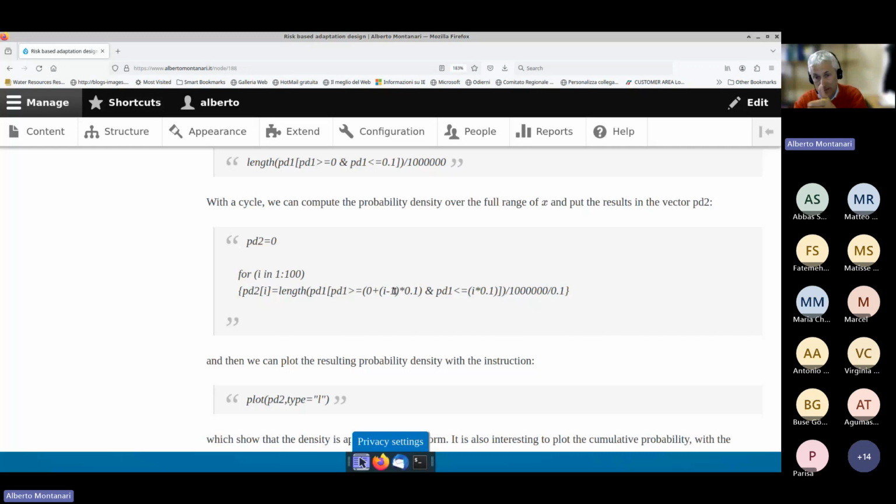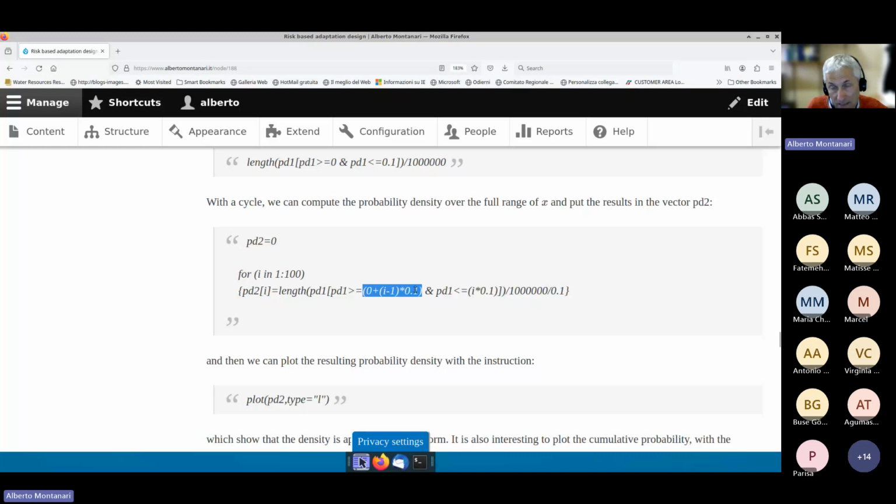So each round, you get the interval moving along the range 0 to 10. For instance, let's look at the last cycle where I is equal 100, okay? What is the interval? The interval starts at 0 plus (I minus 1), 99, times 0.1.